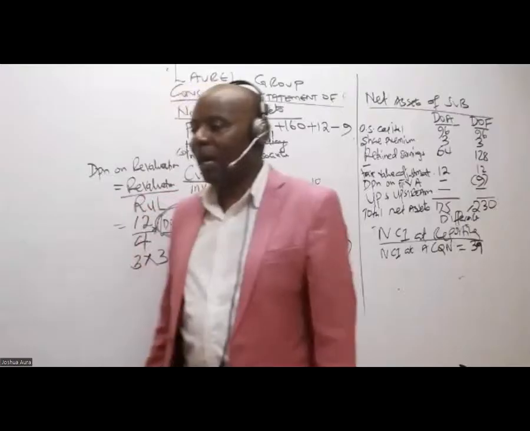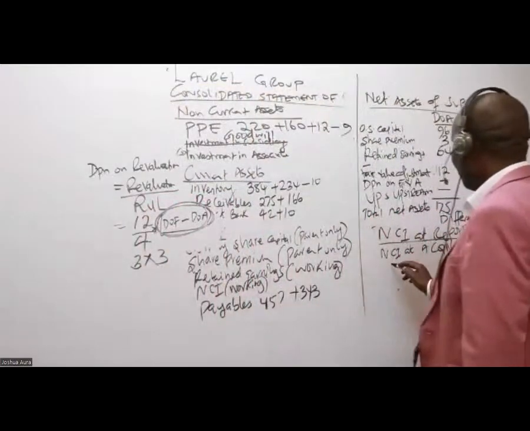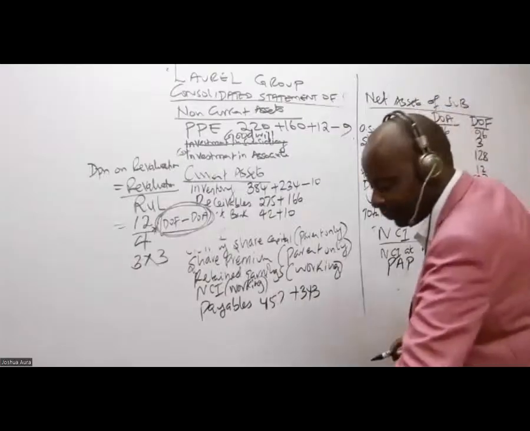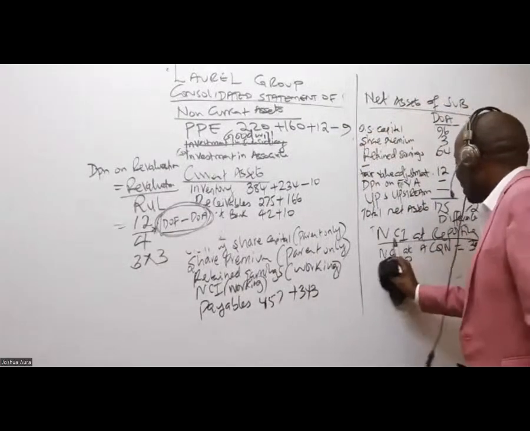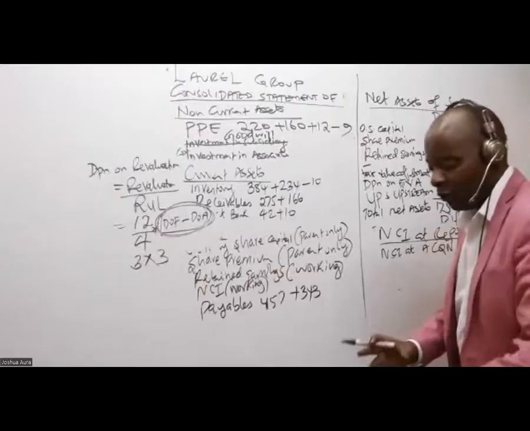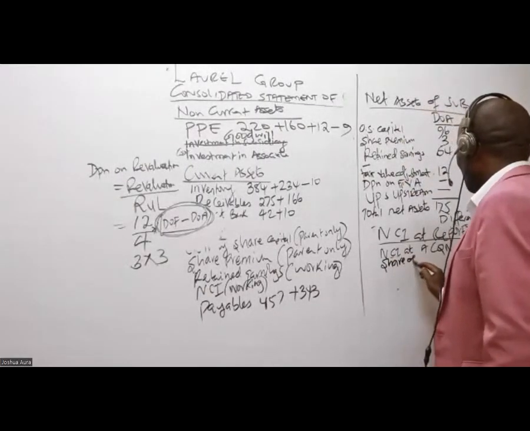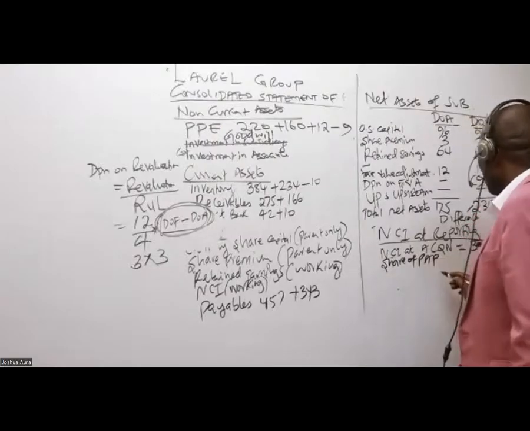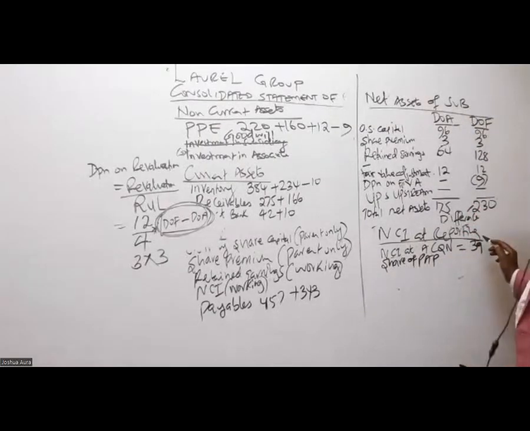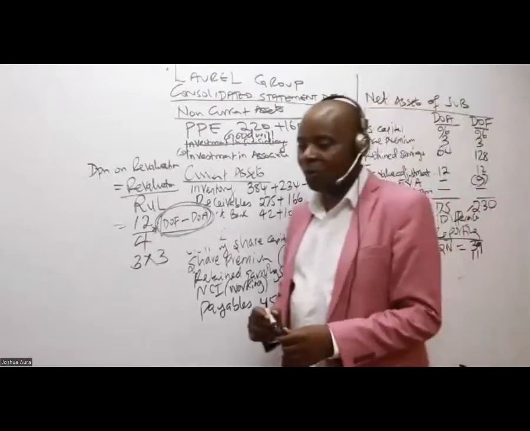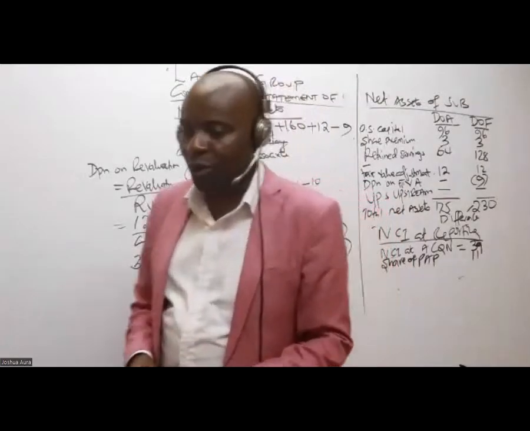So we have here the share of PAP. You give me the figure, I've forgotten the figure. It's 11. Of course, ladies and gentlemen, life cannot be that nice all through.